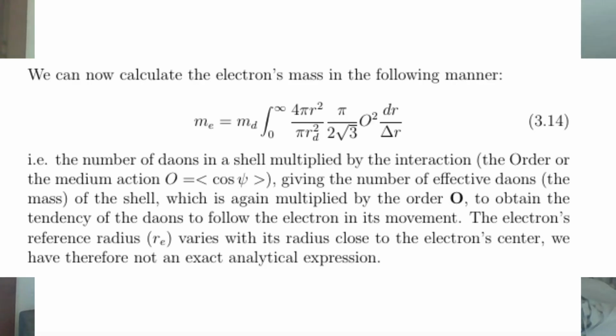But if you go some distance away from the electron, then you come into the region where you can neglect the difference of the reference radius, and in this region you can then calculate the mass, which you see in this way here, and you compare this with the classical expression for potential energy or mass, and that gives us the constant that you see here.